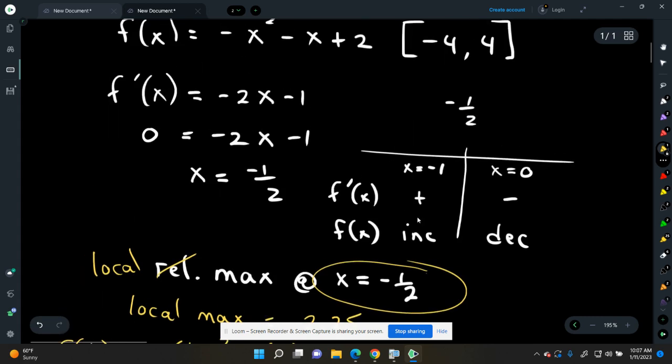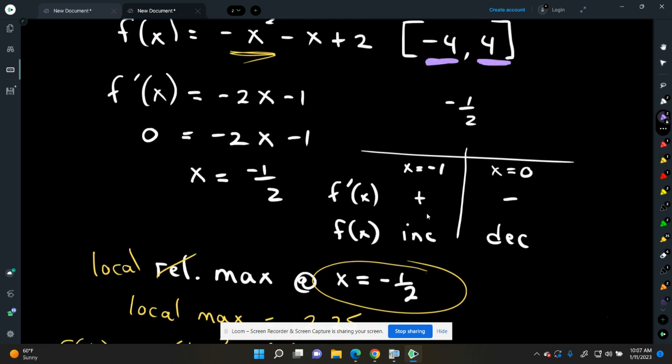In this case, because we know the behavior of the function, it's not an issue. But we should also check these endpoints. Critical points include the endpoints. Up until now, we haven't been using any endpoints. So I would have to also check f of -4 and f of 4.